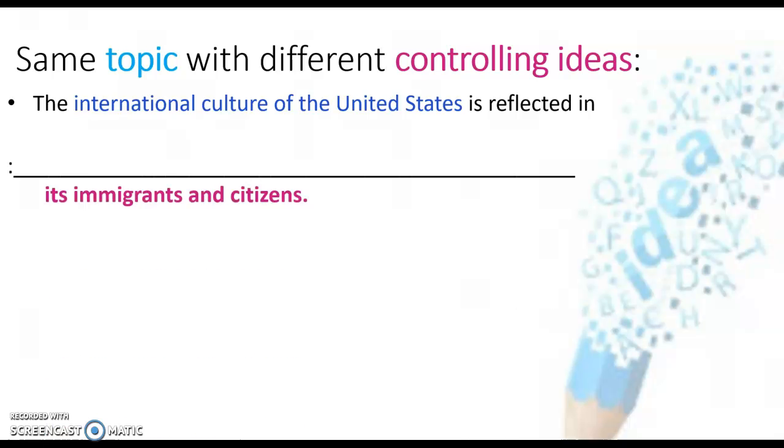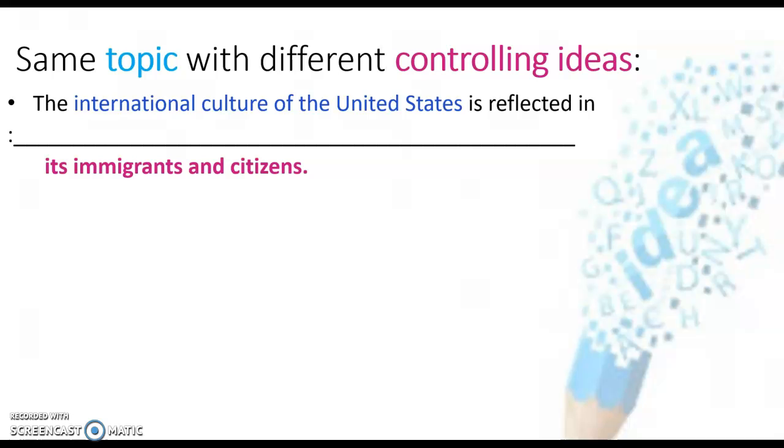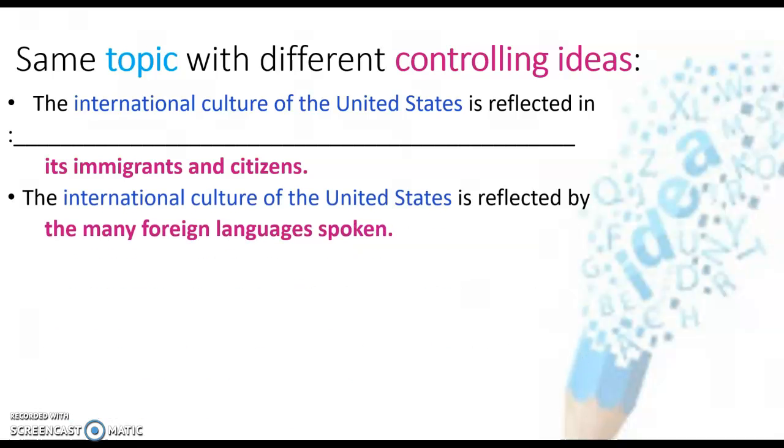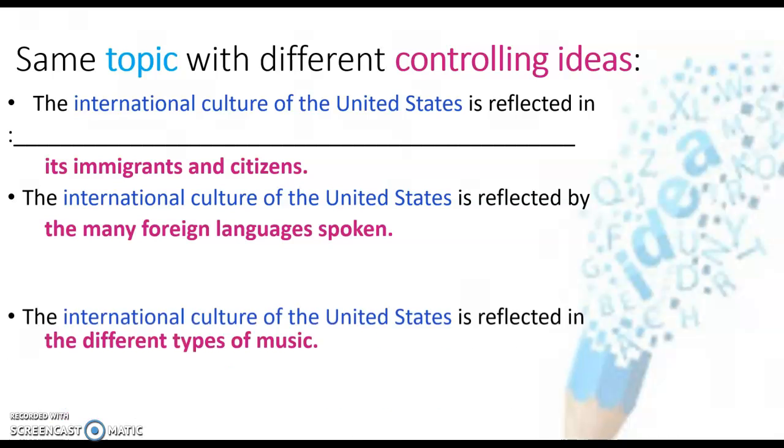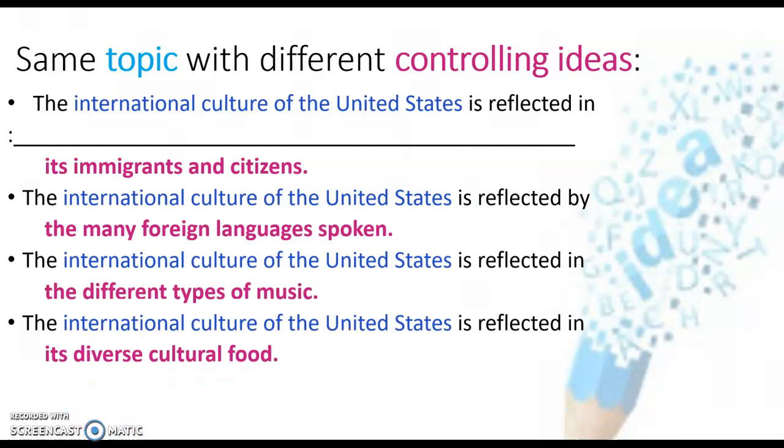So my example here is I see the international culture. It is reflected in its immigrants and its citizens. Some students may say culture is reflected by the foreign languages or the different types of music, or its cultural food, or different regions of the city, accents, businesses. We can go on about different ideas.